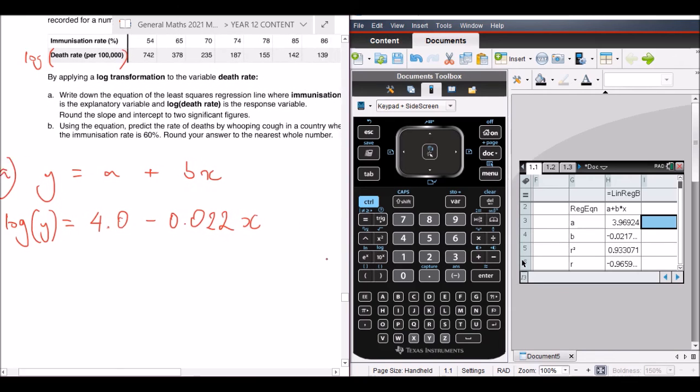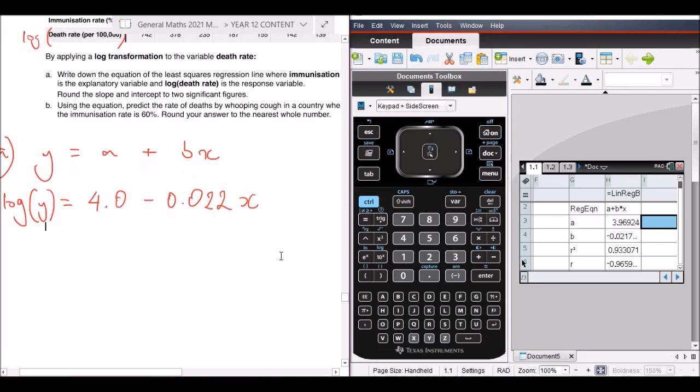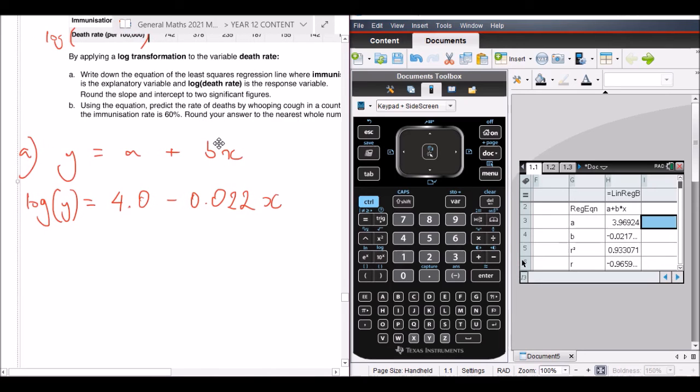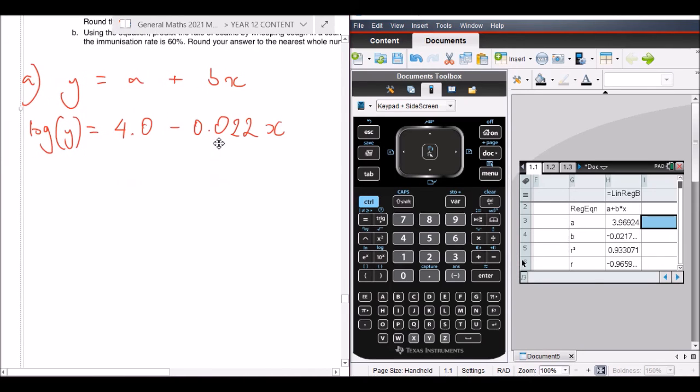Now, the question for part B is: use your equation to predict the death rate by whooping cough in a country where the immunization rate is 60%. Round your answer to the nearest whole number. So we're looking for, again, what is y if the immunization rate was 60%. So we're going to solve. Actually, let's start with this.